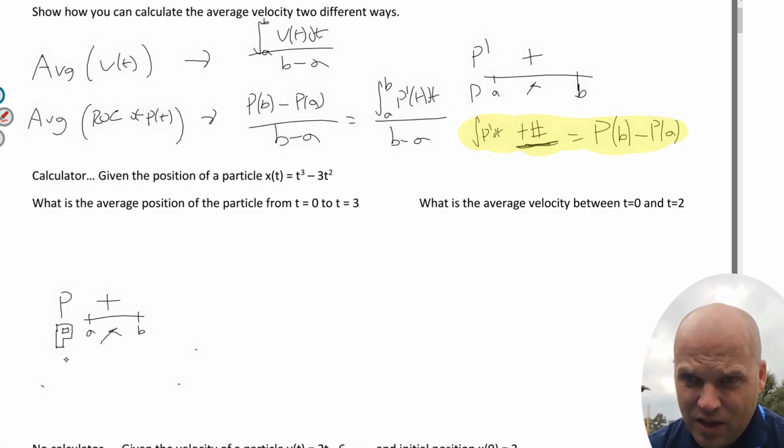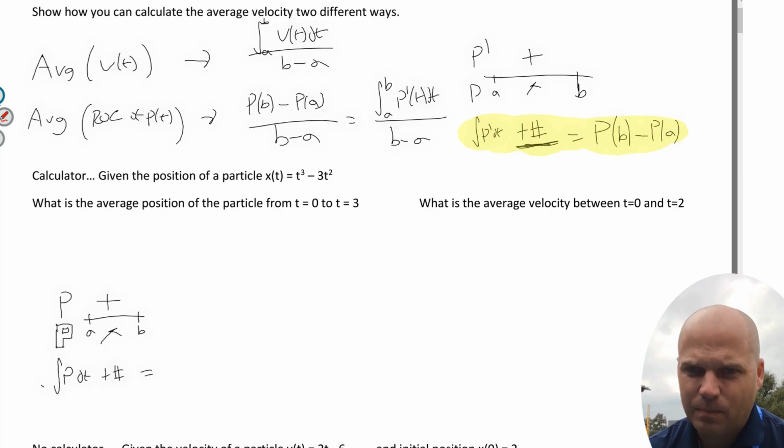And if I need to accumulate my position to get this number, I actually would find the super P at B minus the super P of A. Or if you ever want to accumulate something, you just look at the change of its antiderivative.